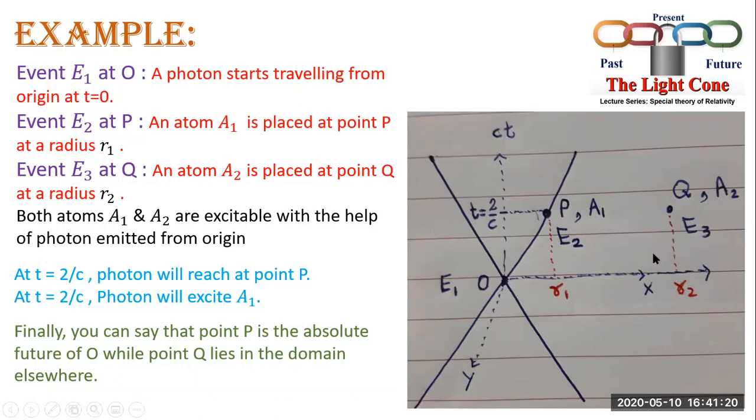At time t equals r1 divided by c seconds, this photon will reach point P. Hence, it is possible for this photon to excite the atom A1 at time t equals r1 divided by c seconds.